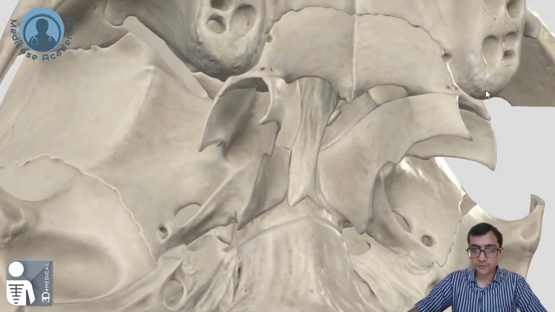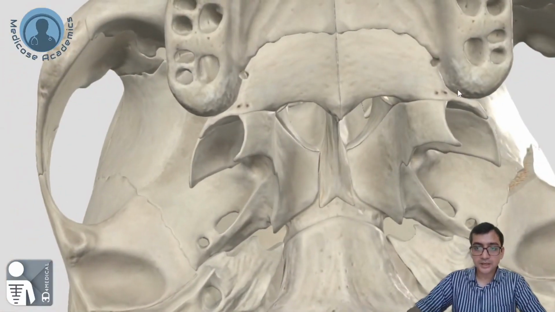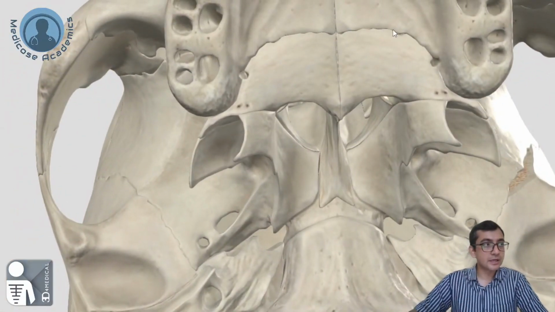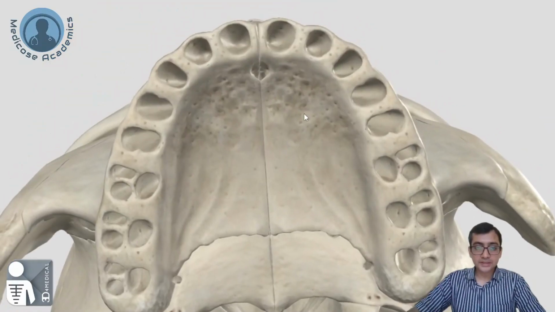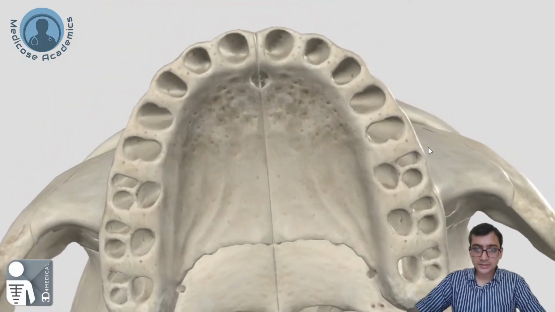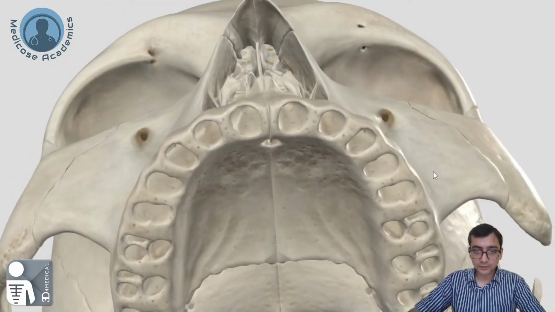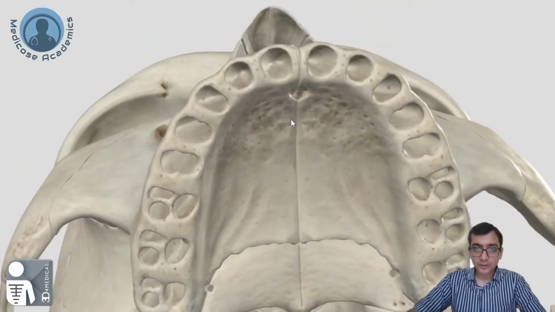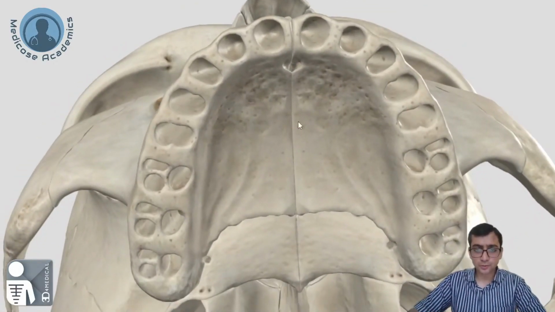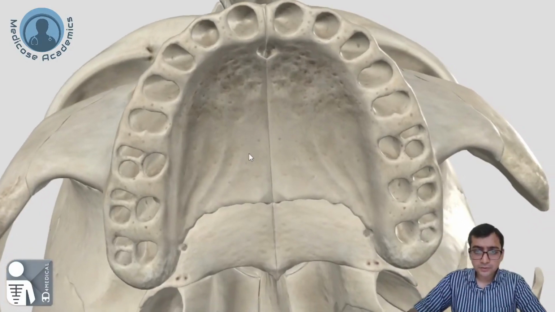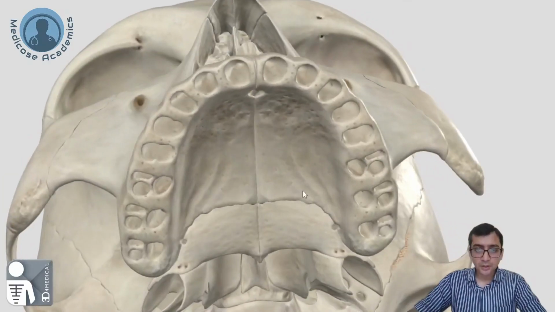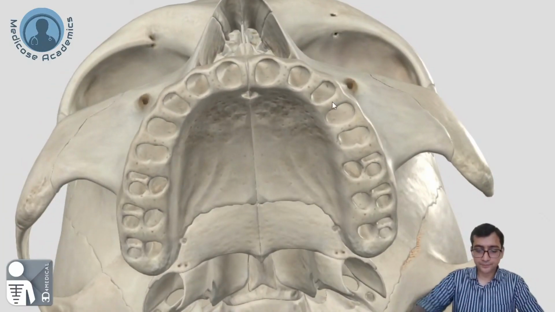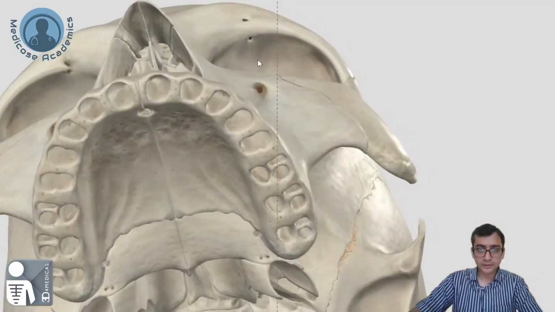This is an opening within the bone, not between the sutures, and it contains the structures by this name again, the lesser palatine nerves and vessels. I will go to the structures passing through the openings in a little while. And this is the incisive foramen, and it leads to the incisive canal.